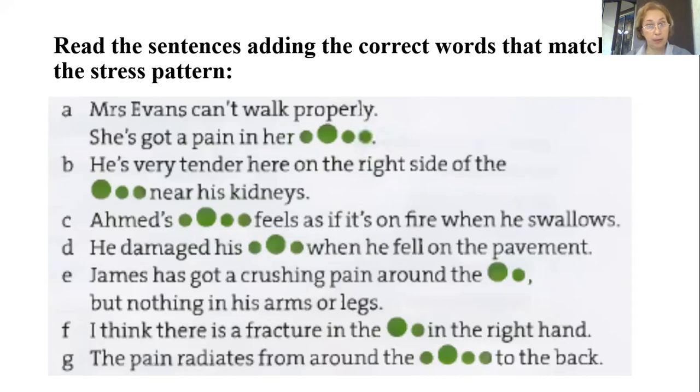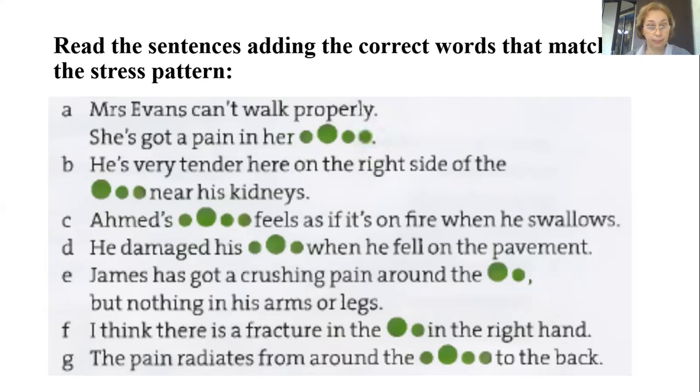I don't know this one. So if we speak about kidneys, which part of the body? Is it legs or hands or what? Abdomen. Exactly. This is the right side of the abdomen. Okay. Well, Nurin, please.